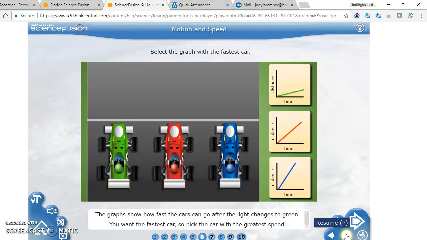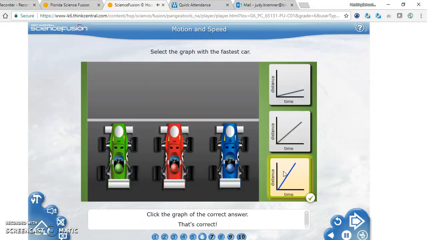You want to pick the fastest car, so pick the car with the greatest speed. That's correct. The blue car has the greatest speed after the light turns green. The graph shows you that it traveled more distance than the red and green cars in the same amount of time.